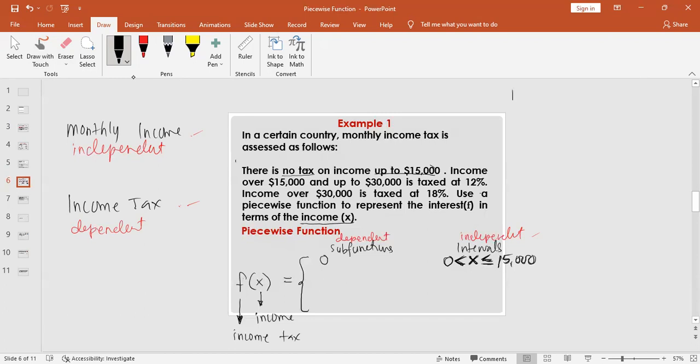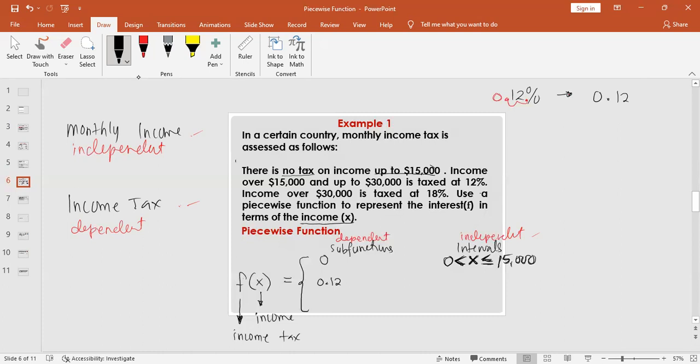So 12% when converted to decimal is equivalent to 0.12, because the decimal here will be moved 2 times to the left. Okay, that's how we convert percent to decimal number. We always move the decimal point to the left, and then we add 0 here. Therefore 12% is equivalent to 0.12.